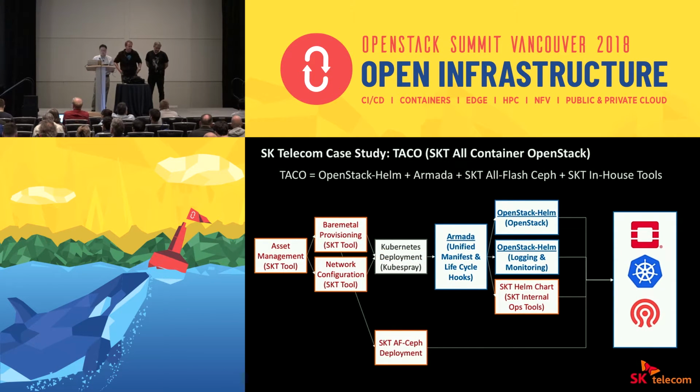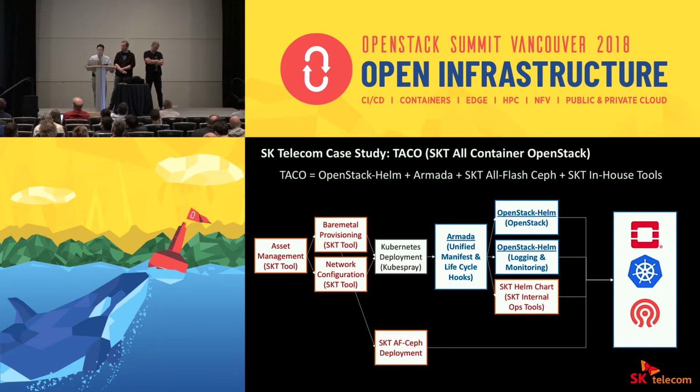Yeah. From the collaboration with AT&T and the community, SKT is building Taco. Taco consists of OpenStack Helm and Armada, SKT all-flash SAP, and SKT in-house tools, including analytics and operational automation tools. One of the benefits of Airship is that you can select the sub-project you want to use and easily integrate with your existing pipeline.